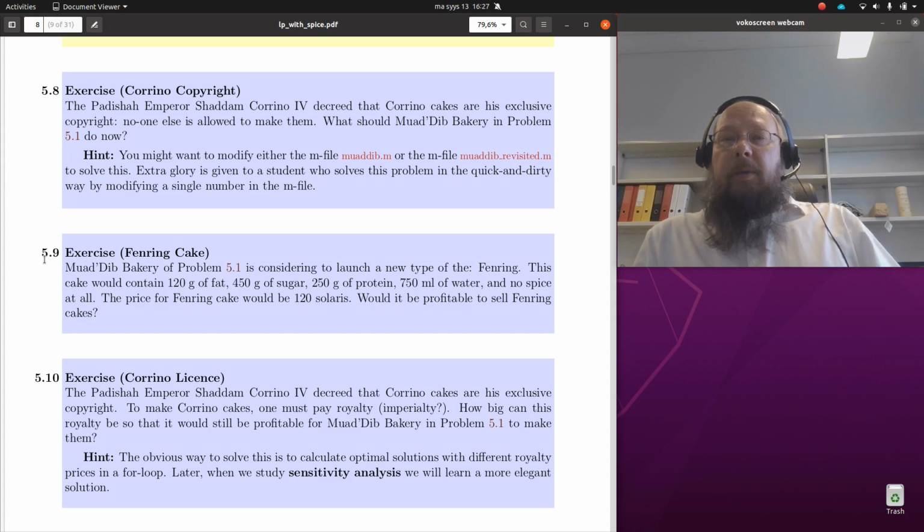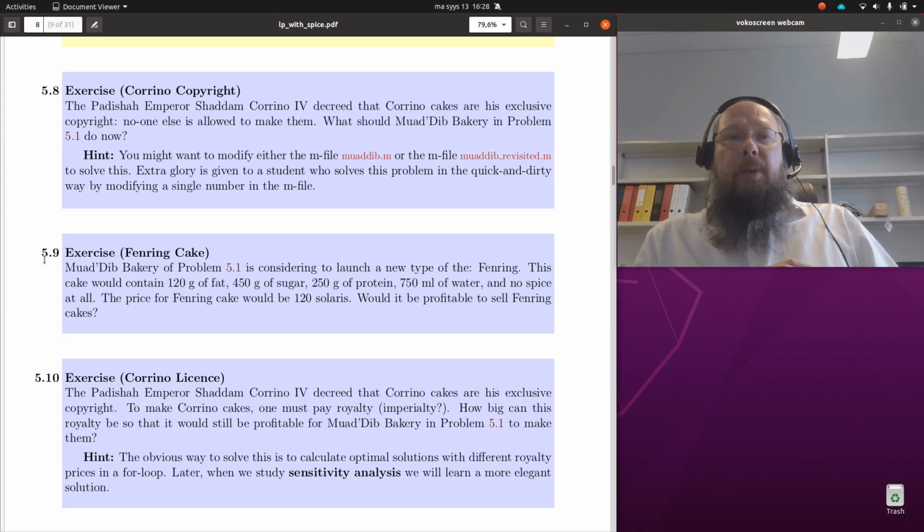And since they want to follow the law, they would now consider the problem again and make a solution in which the Corino cakes are not made. So now, okay, you have to solve this modified version of problem 5.1.